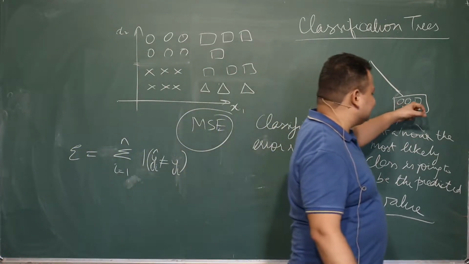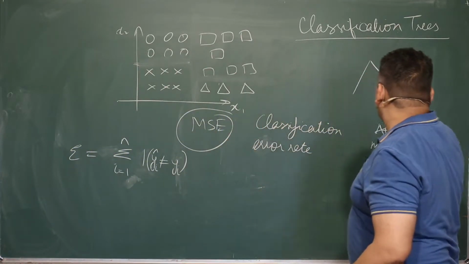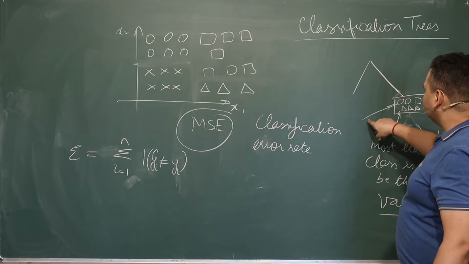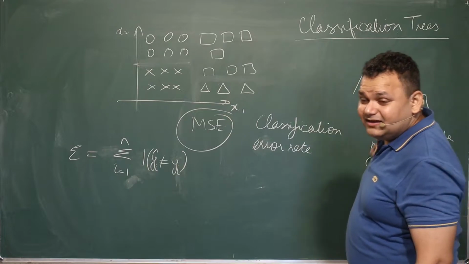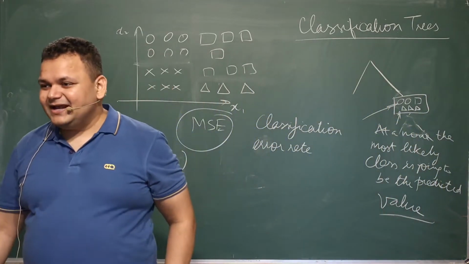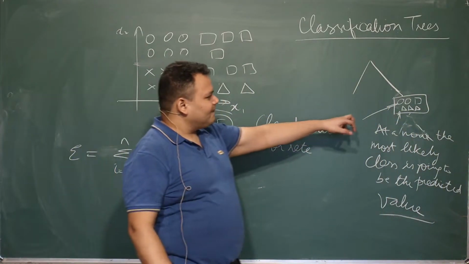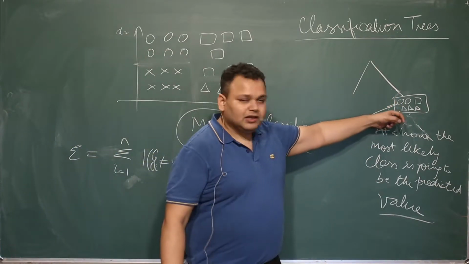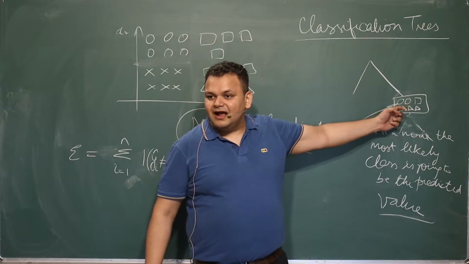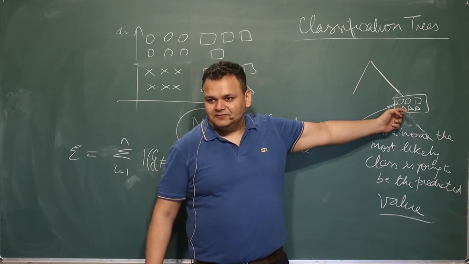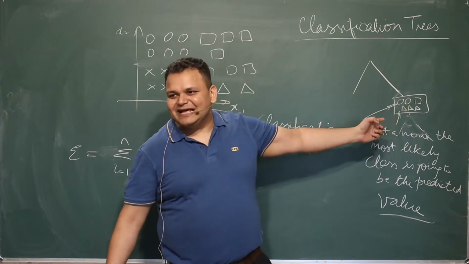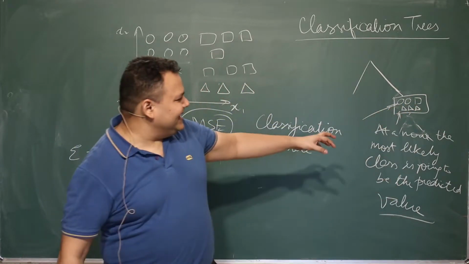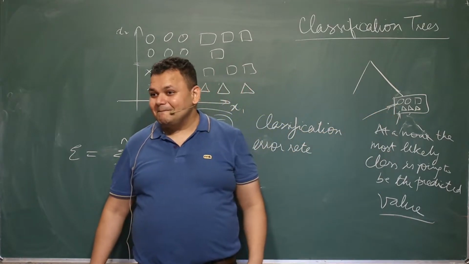But in this case, let us look at the training error. What will the contribution to the training error from this particular node look like? कितना होगा? What will the prediction be? Triangle. Okay, so what is the error going to be from this particular node? If you were to talk in terms of percentage, the training error कितना होगा यहाँ से?